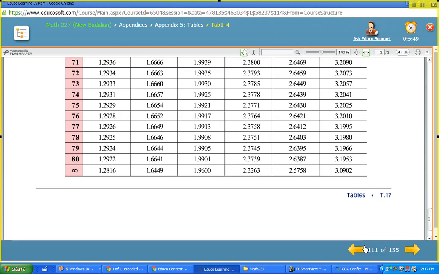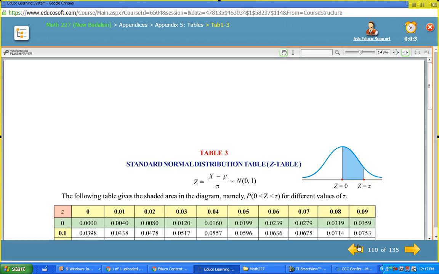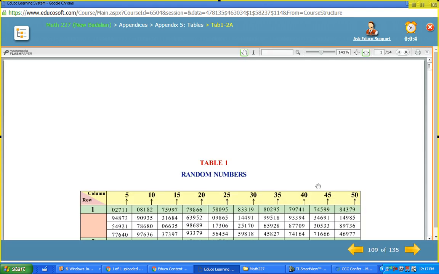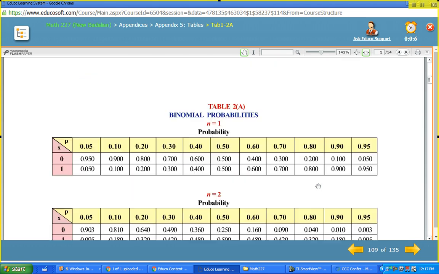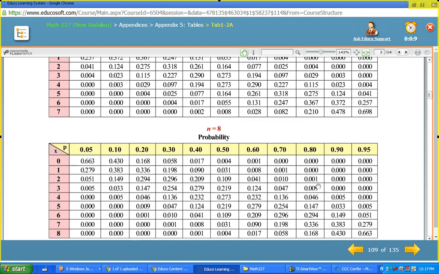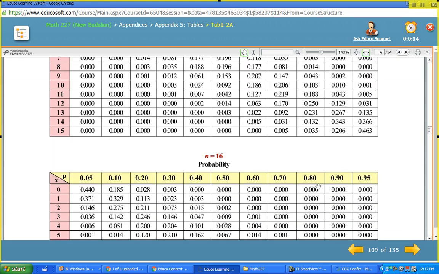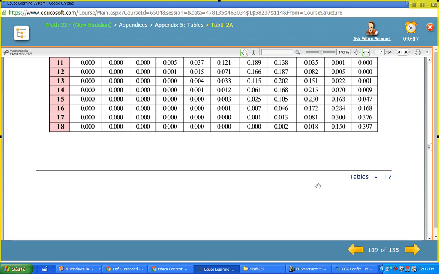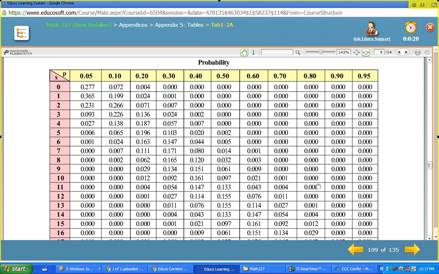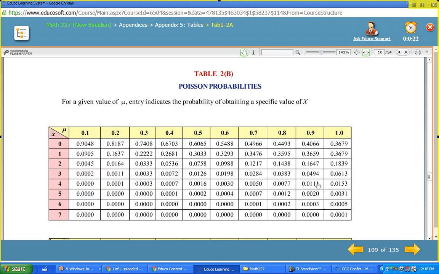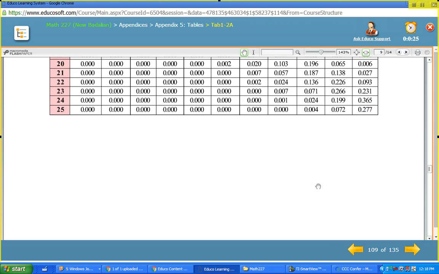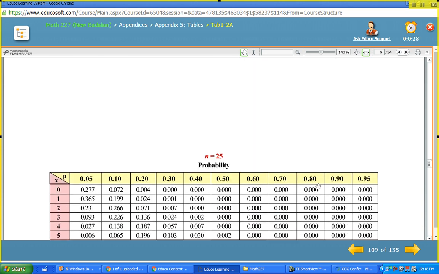Okay, oops. Look in table 2A. So 25. Okay, so 25, good.